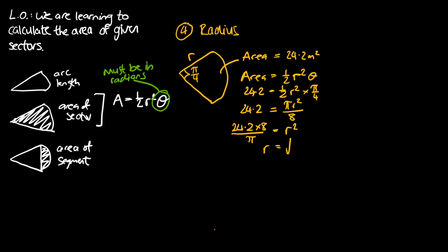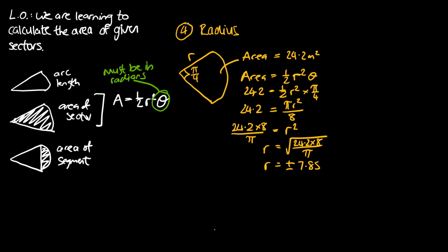So r will be equal to the square root of 24.2 times 8 divided by pi. And we are going to get 2 answers for this. So 24.2 times 8 divided by pi gets us to 61.6. We're going to square root that number.